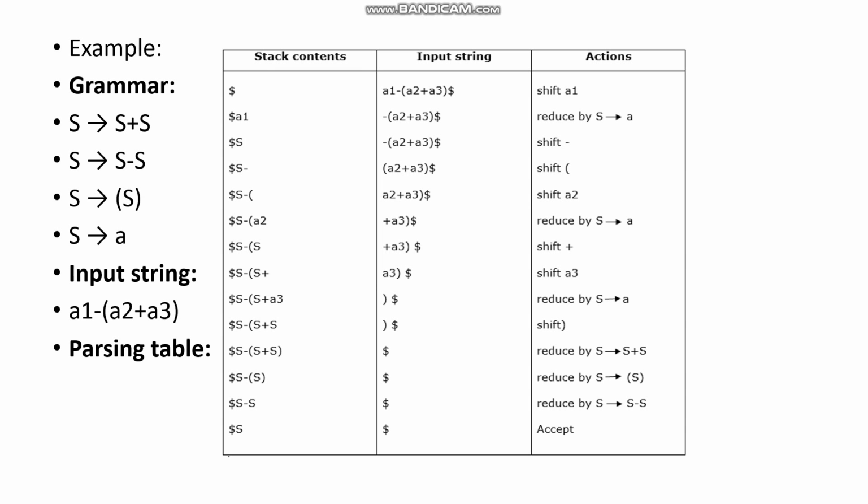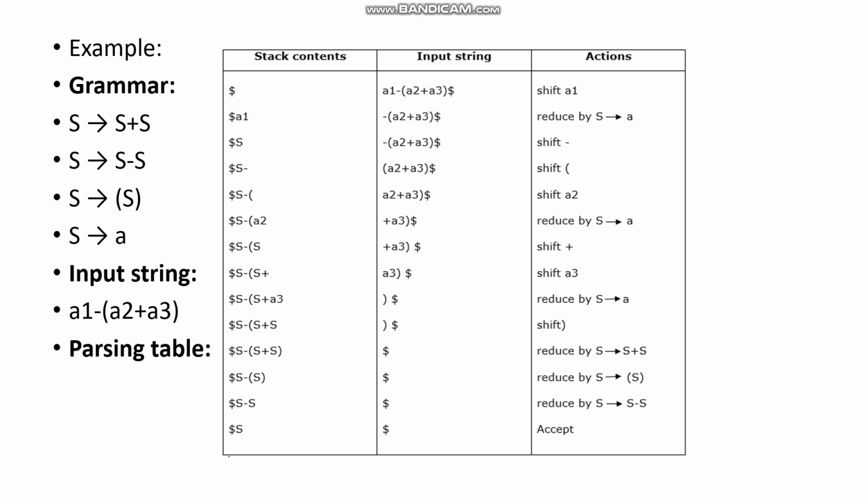Then the left end of the handle within the stack is located and the non-terminal to replace the handle is decided. An accept action makes the parser announce successful completion of parsing. At the end you can see here the string is accepted. And an error action discovers that a syntax error has occurred and calls an error recovery routine.